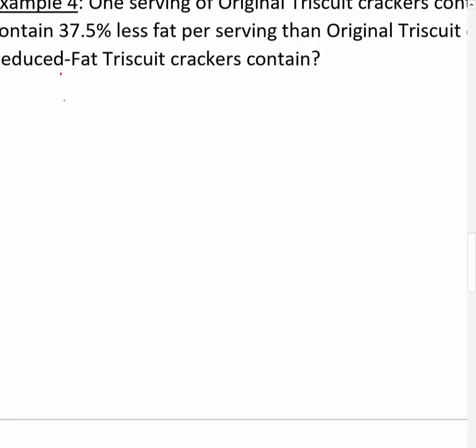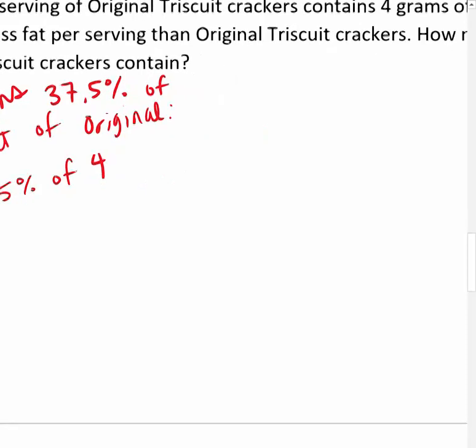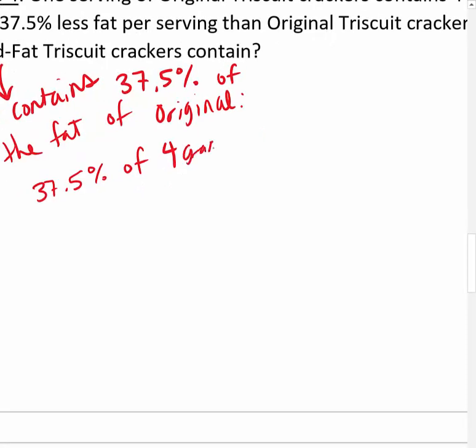So what we're looking for is the reduced fat. They said it contains 37.5% of the fat of the original guys, which means you want 37.5% of, they told us that there were 4 grams, right? Yeah, 4 grams of fat.